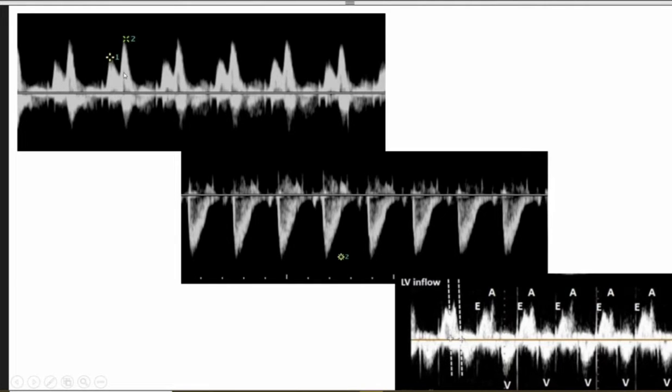So this is atrioventricular Doppler, mitral or tricuspid. This is ventriculoarterial Doppler, aortic or pulmonary. And this is mitral aortic continuity Doppler. So we need to do 5 Dopplers as given in these 3 pictures. So 5 axial views, 6 sagittal oblique views, and 5 Dopplers.